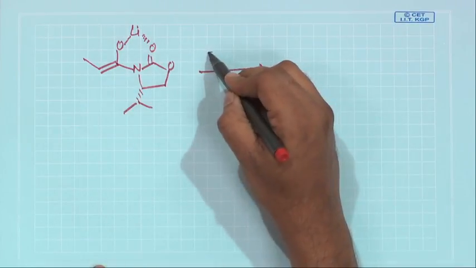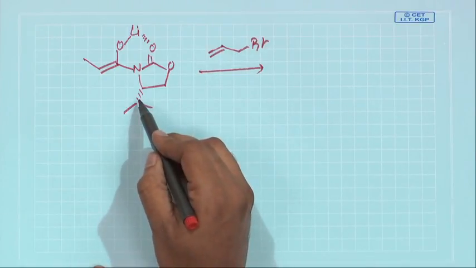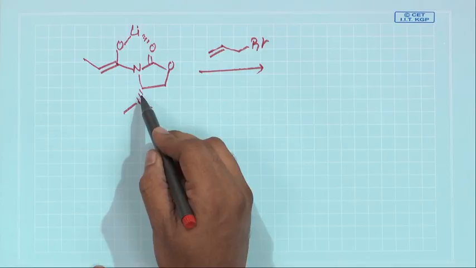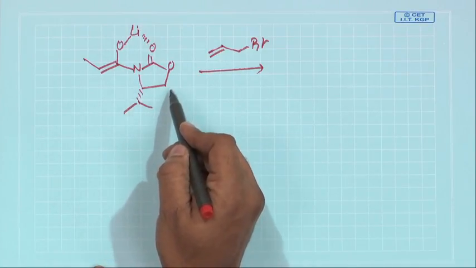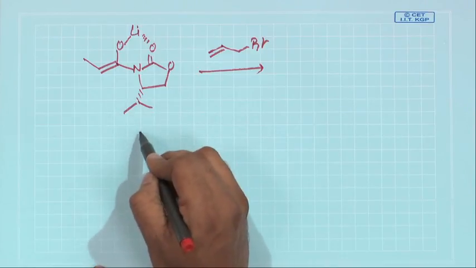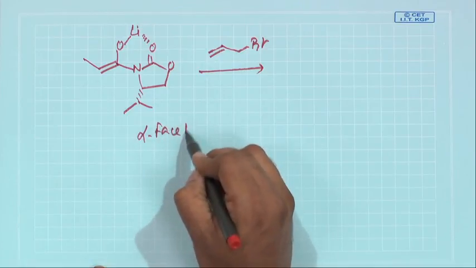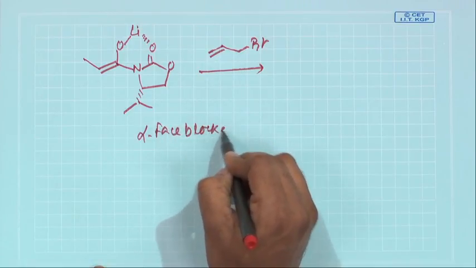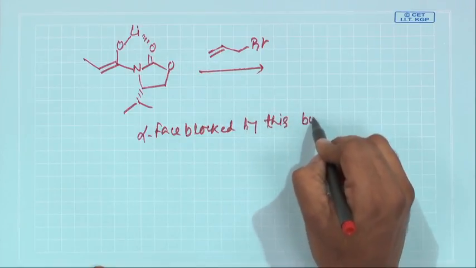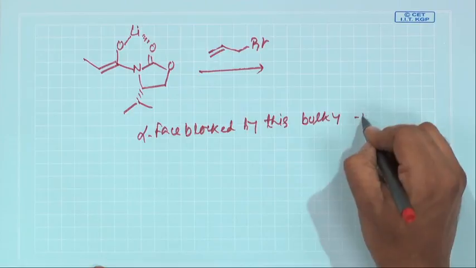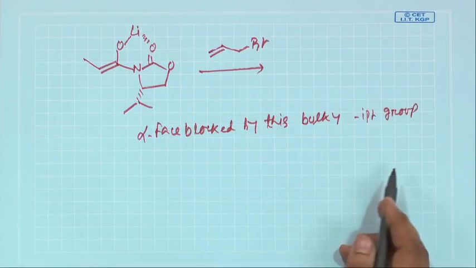Now, you react with allyl bromide as your electrophile. Now, see that this isopropyl group in this oxazolidinone blocks this bottom face. So, the alpha face was basically blocked by this bulky isopropyl group, and that is very important.